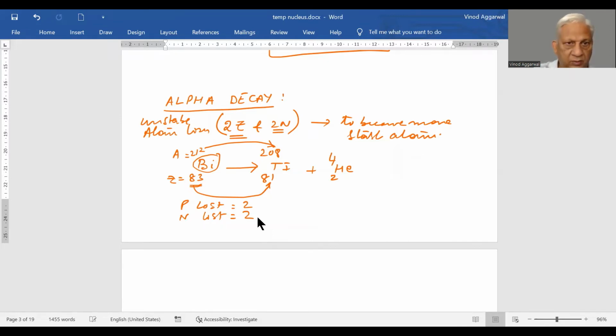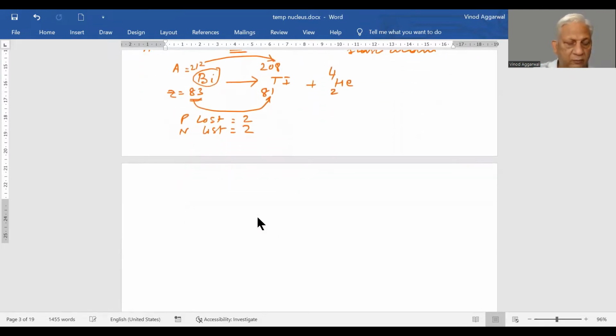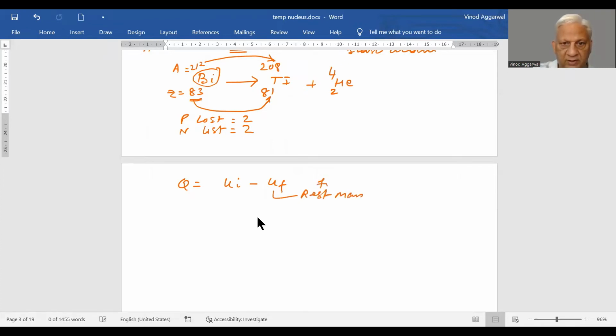Now, if we want to find out the energy released in this process, which is Q, we have to find the difference between initial and final rest mass. This is final rest mass. This is initial rest mass.